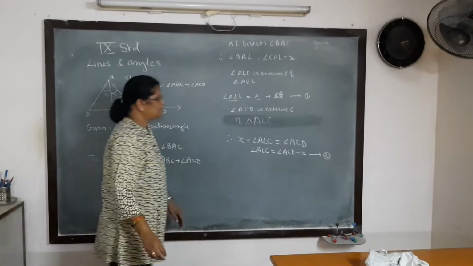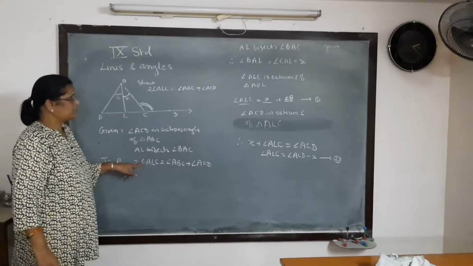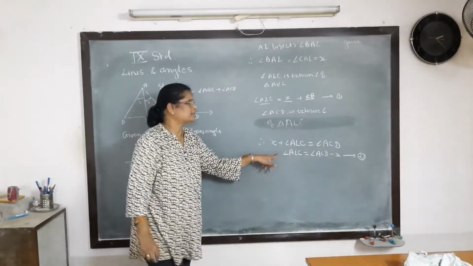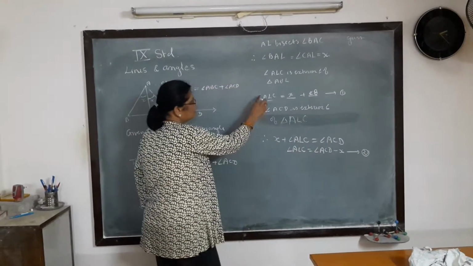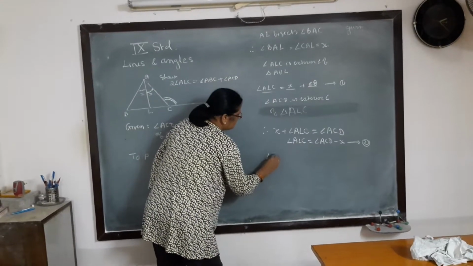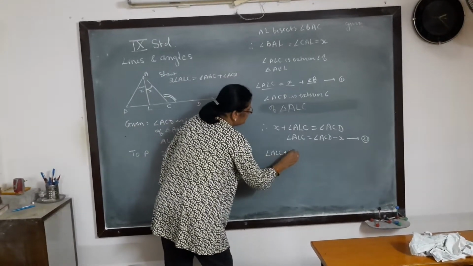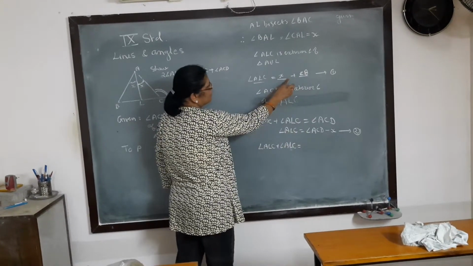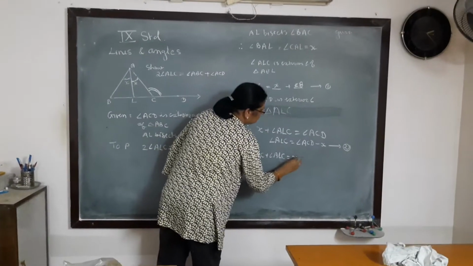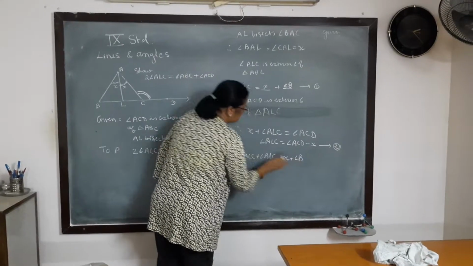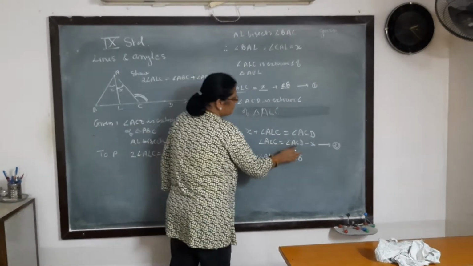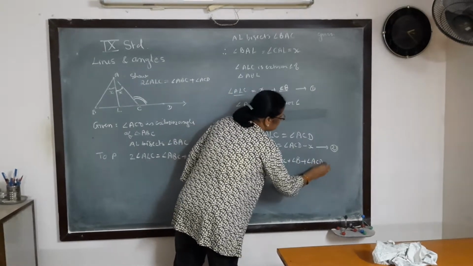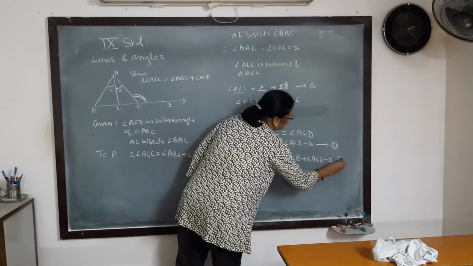Since we have twice ALC, I can add ALC plus ALC. I will add statements 1 and 2. What do I get? Angle ALC plus angle ALC, and in the RHS, x plus angle B, and angle ACD minus x, from 1 and 2.